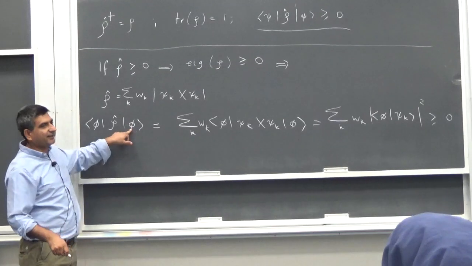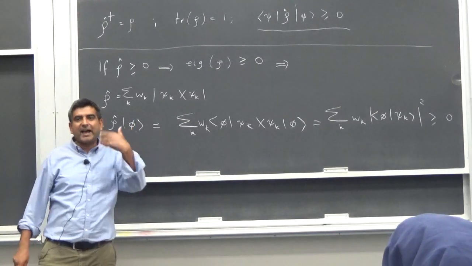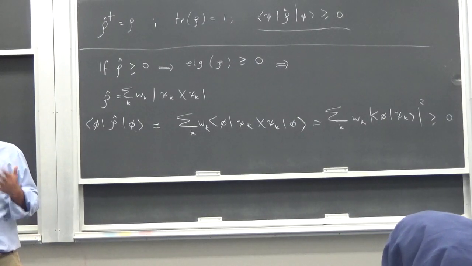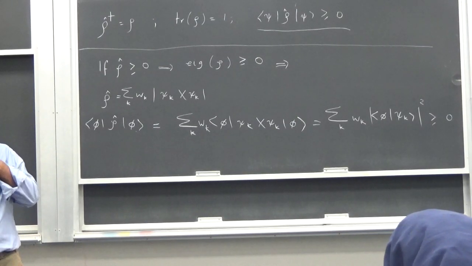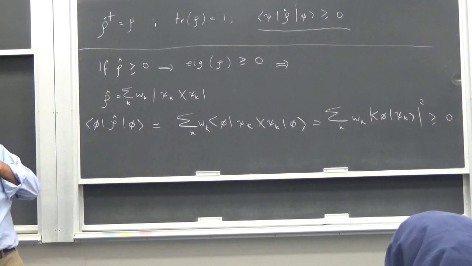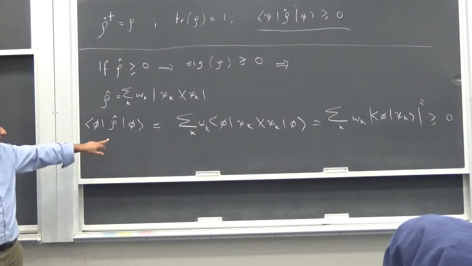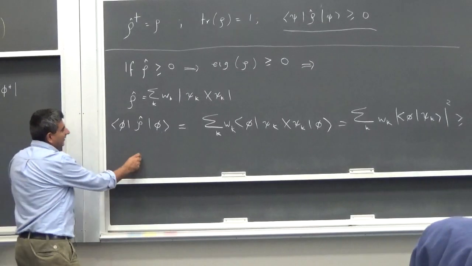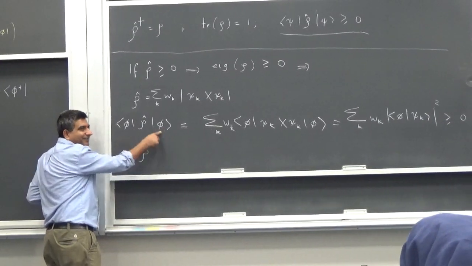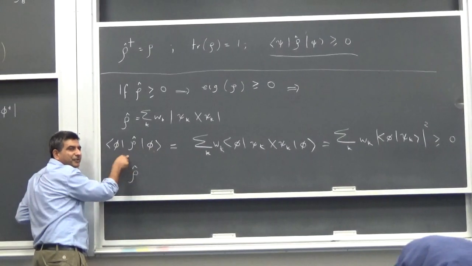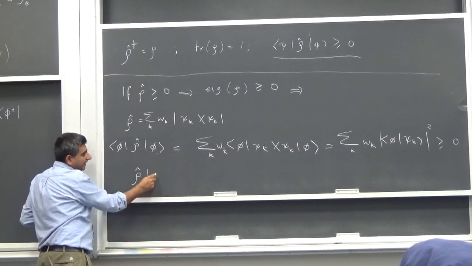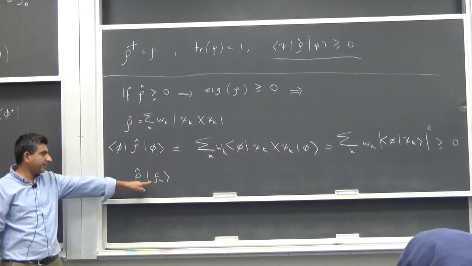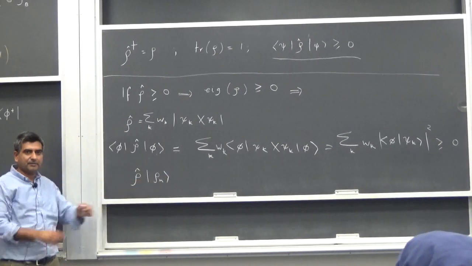Because eigenvectors will exist since it's a Hermitian operator. This is true for any state, so it must also be true for an eigenstate of rho. Let's suppose I represent that eigenstate by ket rho m.